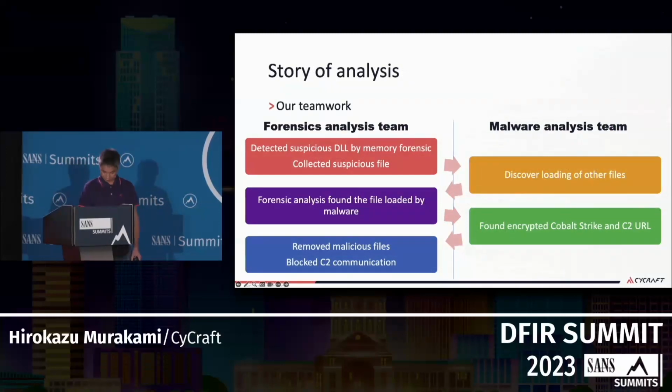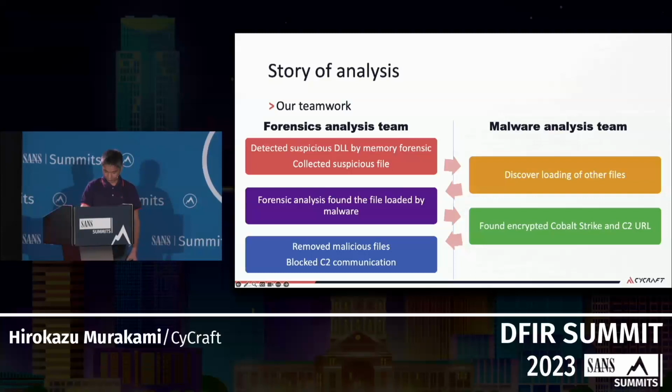So how did our team hunt for this incident? In the picture, the left side is the forensic analysis team and the right side is the malware analysis team. I belong to the right side. First, the system detected a suspicious file by memory forensics.